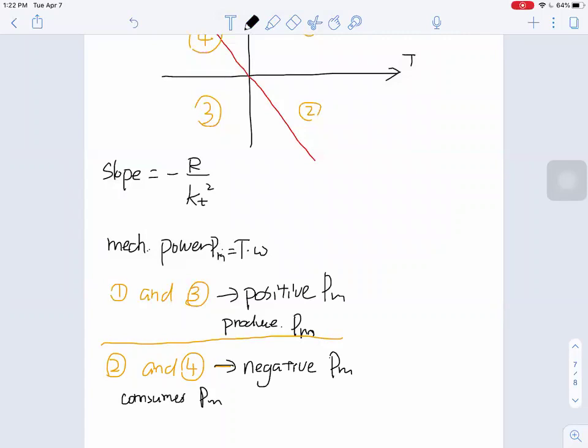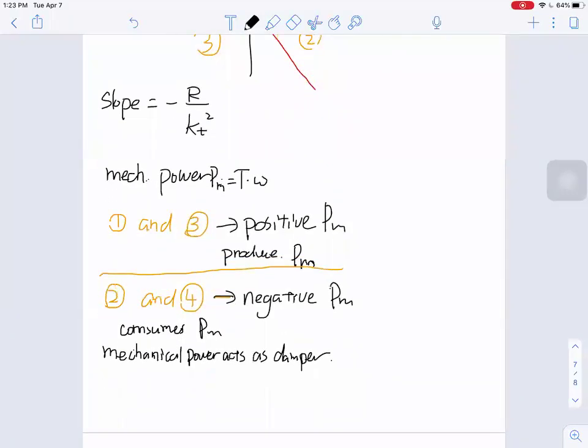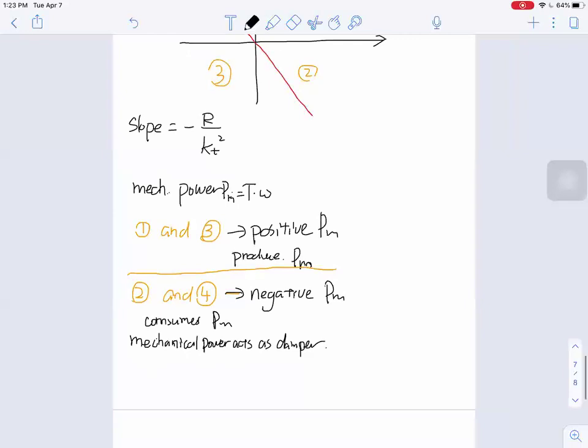And therefore under 2 and 4 the motor is acting kind of like a damper. And we can talk about that later. But this is mechanical power.